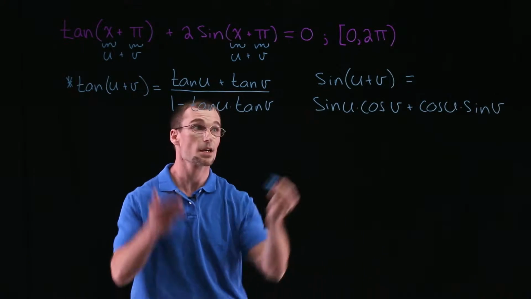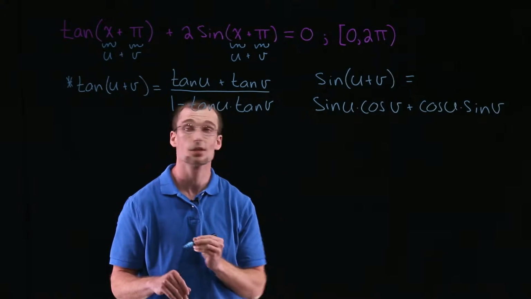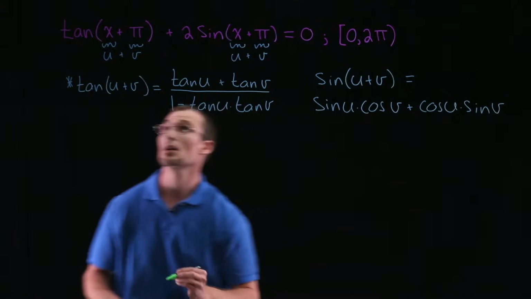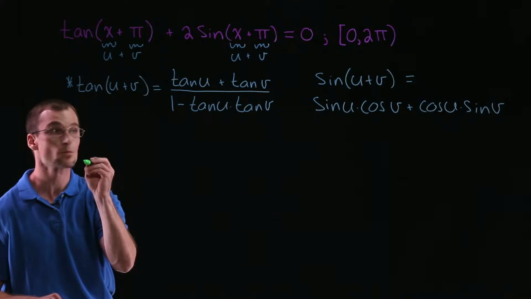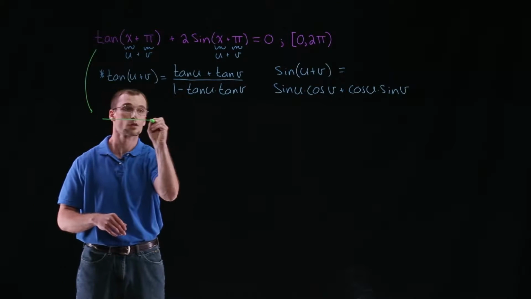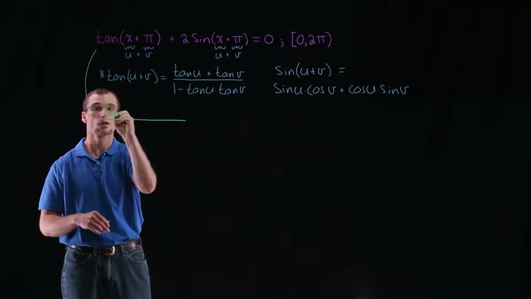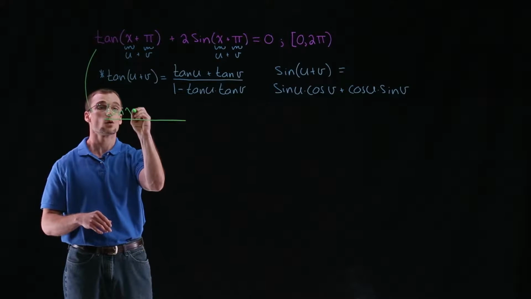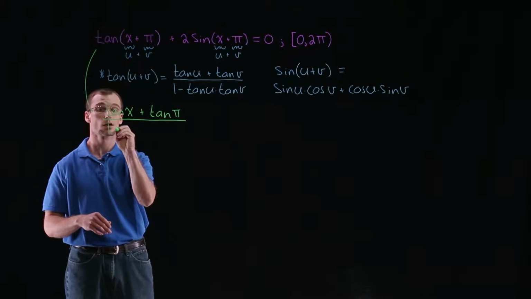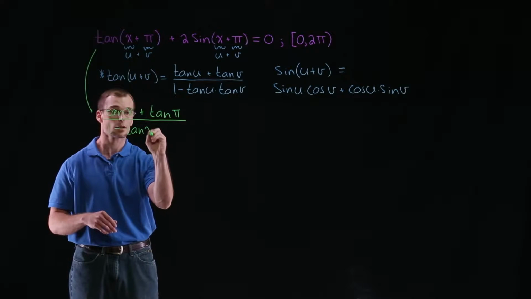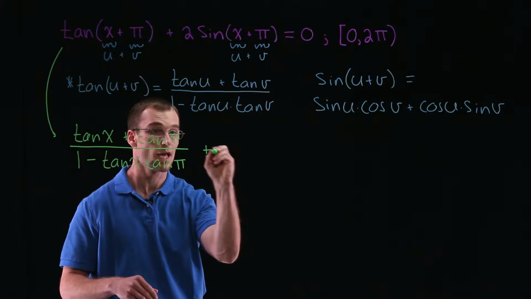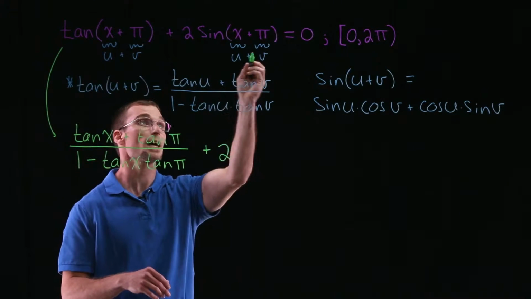Okay. Starting there, we're going to use the right-hand sides of each of these formulas to simplify the left-hand side of our equation. So the tangent of x plus pi is going to be equal to tangent x plus tangent of pi divided by 1 minus tangent x times tangent of pi, plus 2 times sine of x plus pi.